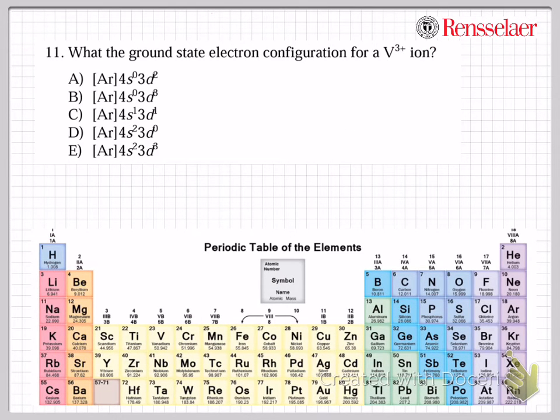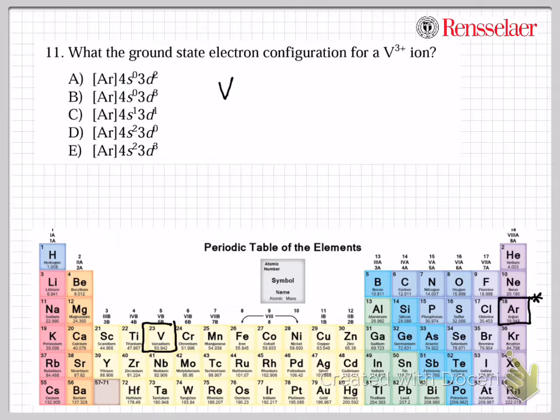So this is number 11. Number 11 is asking about vanadium, which is the symbol V. So let's look at where vanadium is. Yeah, there it is. Like I do, for vanadium you want to find your nearest noble gas. That's argon.